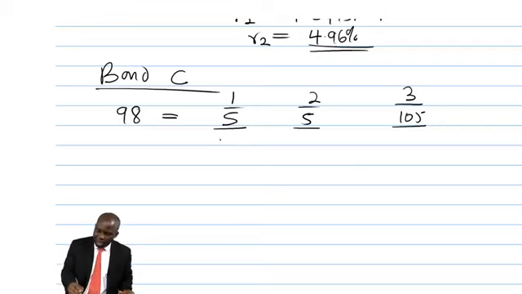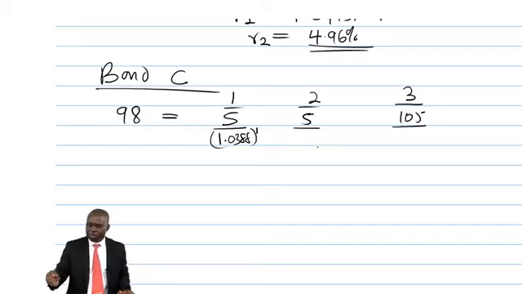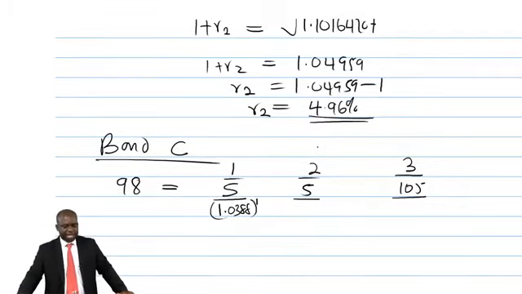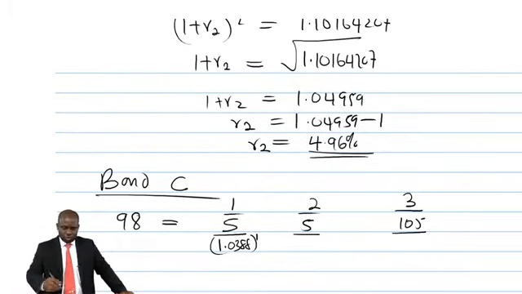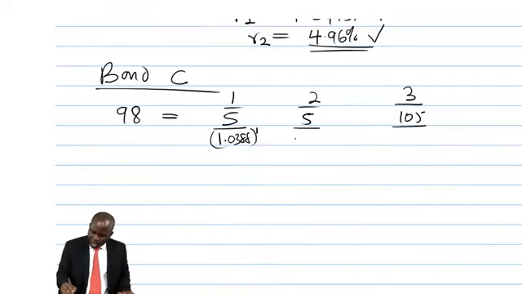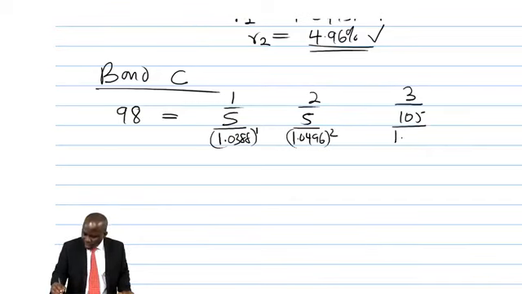So year 1 return from bond A, which is 3.88, should be brought here: 1.0388 raised to the power 1. Return from bond B in terms of R2 is giving us 4.96, so here it will be divided by 1.0496 squared. Then I will say 1 plus R3 raised to the power 3.